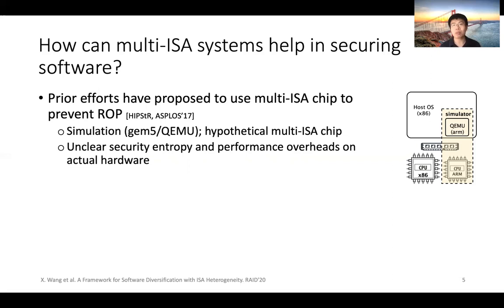It also used a dynamic binary translator to translate the program execution state. However, their approach is based on a hypothetical multi-ISA chip. It is unclear what the security benefits and the performance overhead are on real hardware.